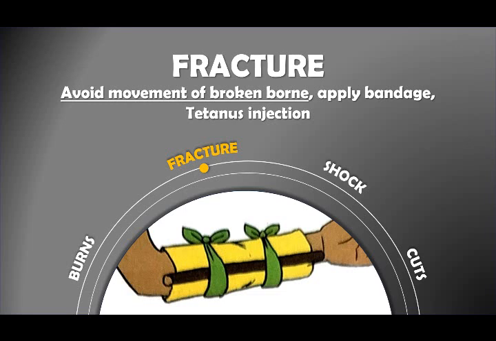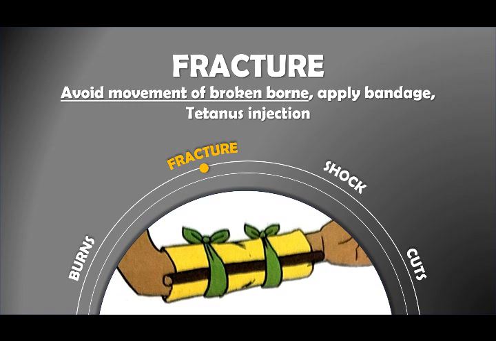So for fracture, what you need to do is to avoid any movement on the broken limbs or bones or parts. Immobilize the injured area. Do not try to realign the bone by pushing them or sticking them back.